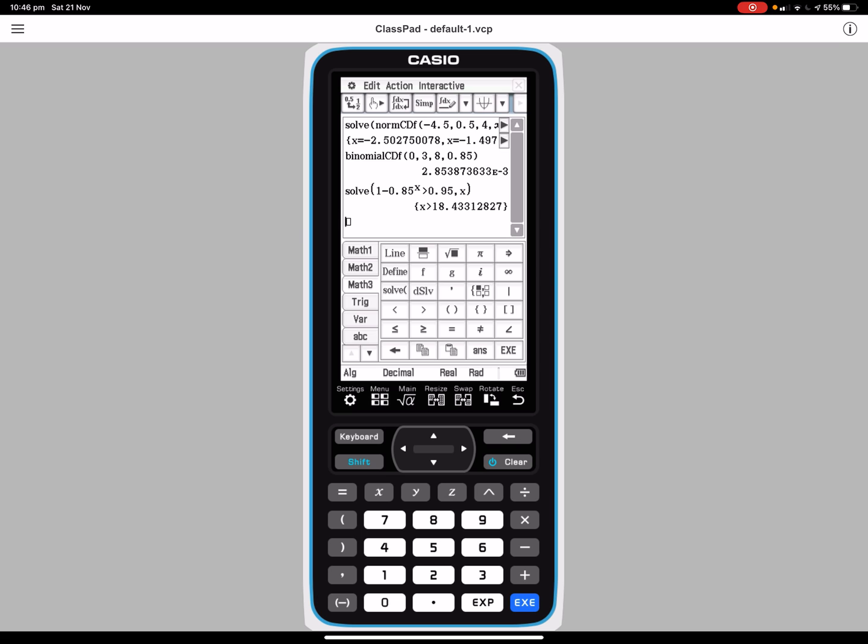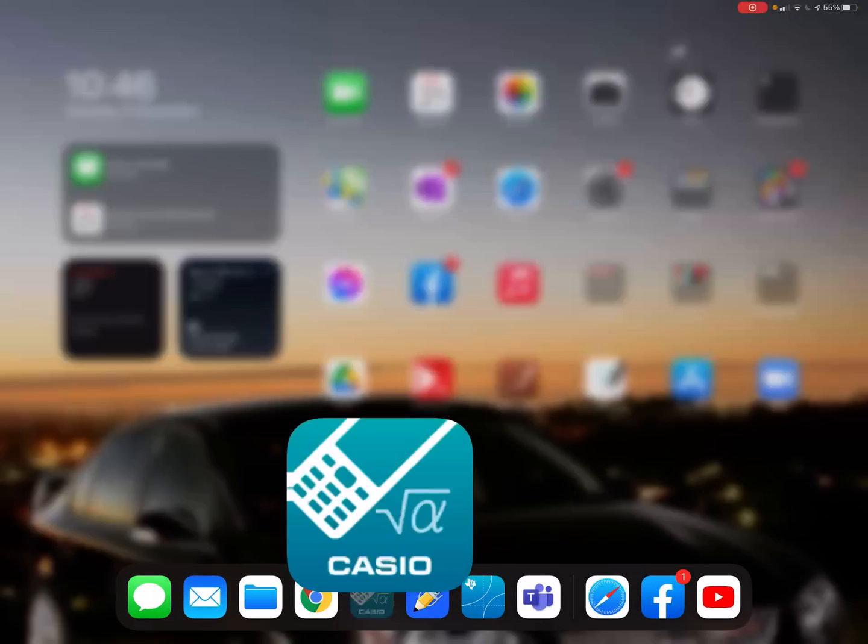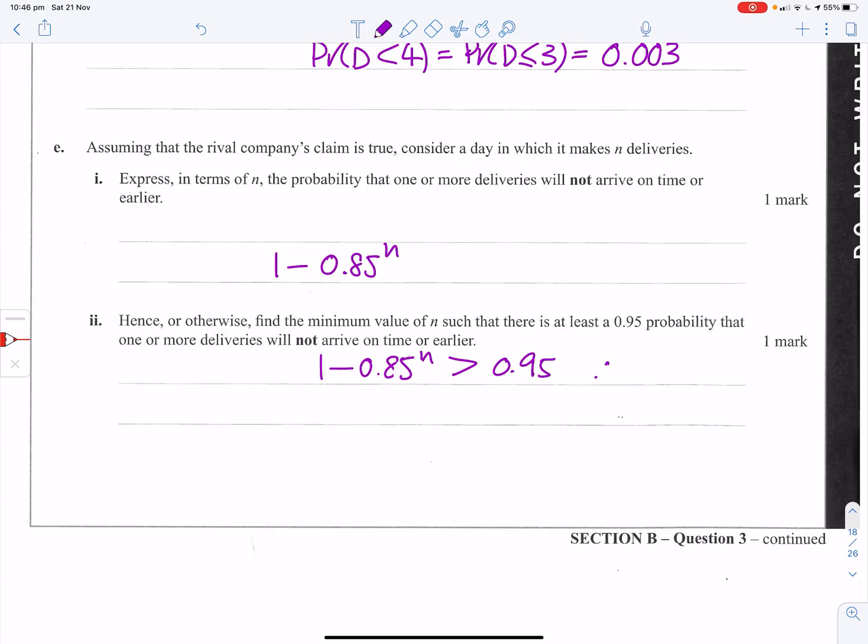So x has to be greater than or equal to 18.43. Therefore, the minimum is 19.